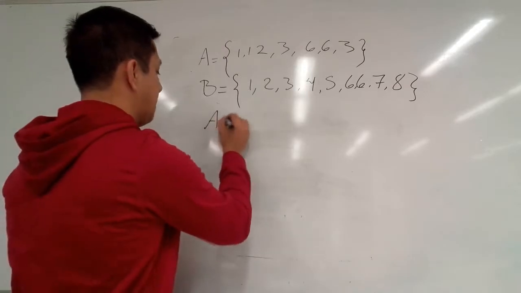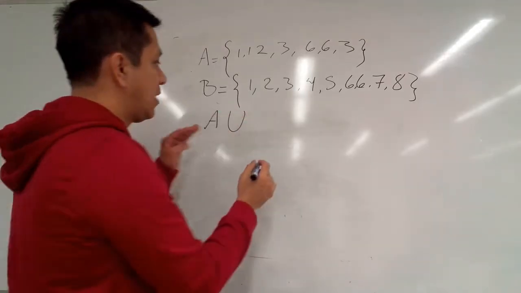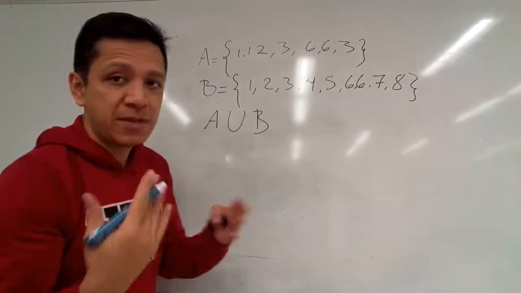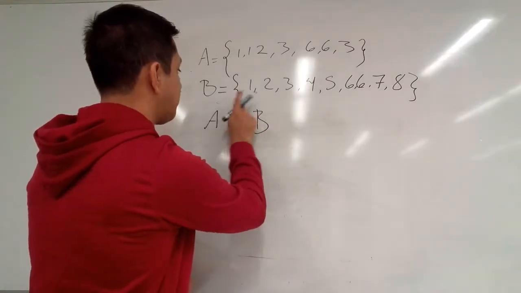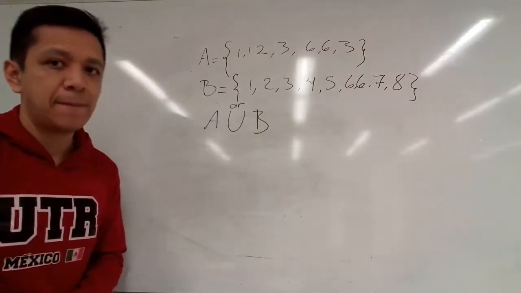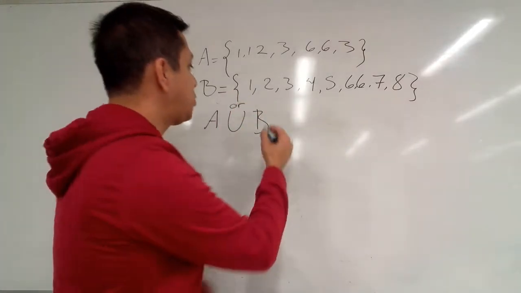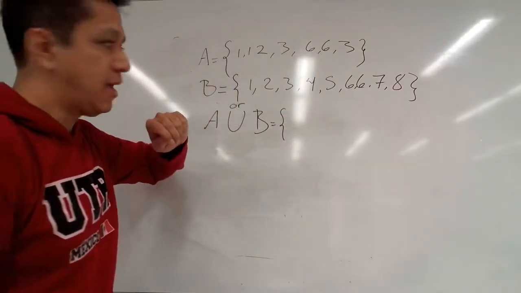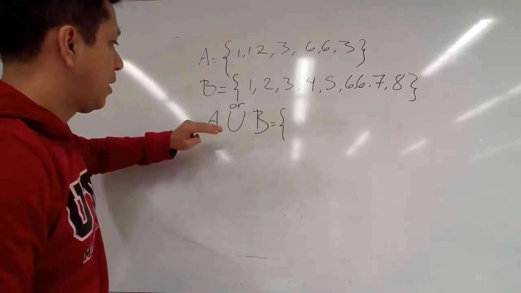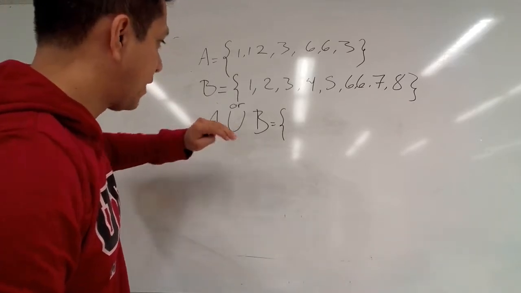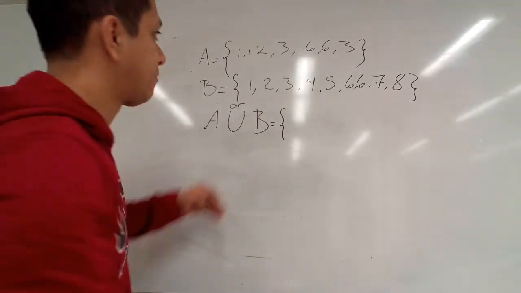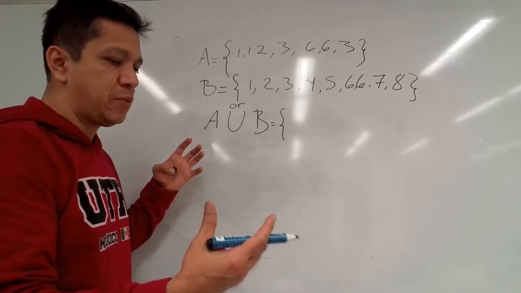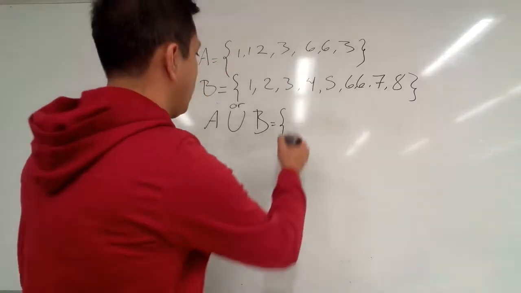If we make a simple operation like A union B, it is going to be the same as A or B, or one addition. In that case, for these two sets, A plus B, we will put together all the numbers that we can have here.